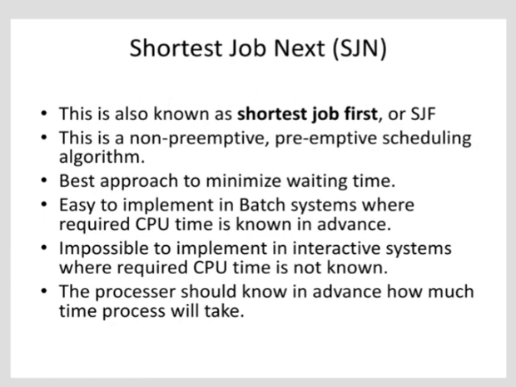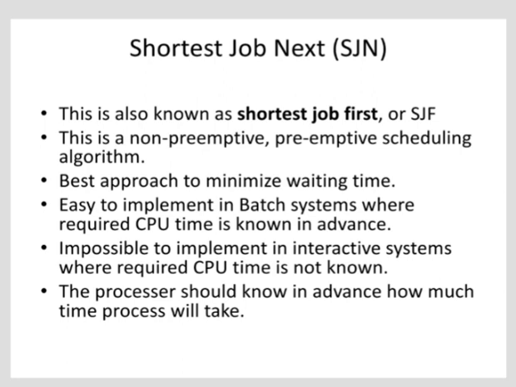Next is the shortest job next. This is also known as shortest job first, or the SJF. This is a non-preemptive scheduling algorithm. It is the best approach to minimize the waiting time, and easy to implement in a batch system where the required CPU time is known in advance.